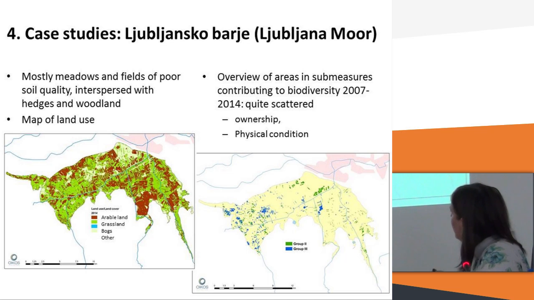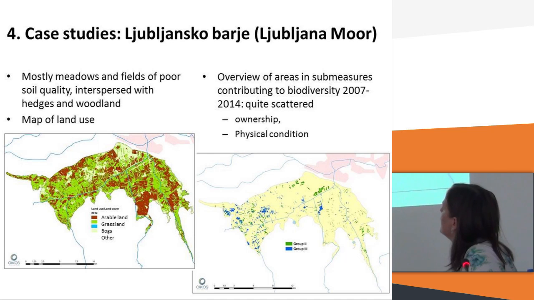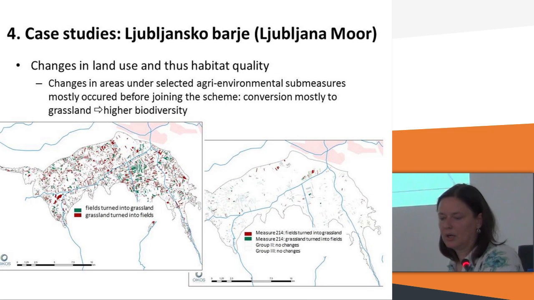And here I have an analysis on LPs from different submeasures. The green ones are group 2, quite general, and the blue ones are group 3. So we can see where the measure was implemented. We can also see the changes in land use and habitat quality.